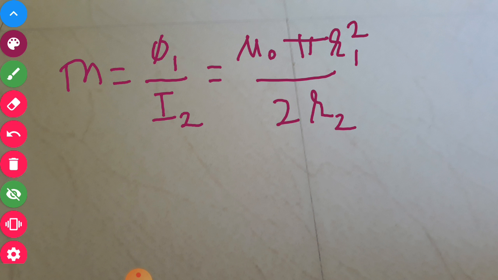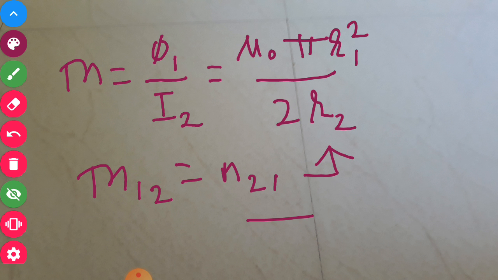This is the mutual inductance. Either you take it as M12 or M21, because both values are the same. As you know, M12 equals M21. The value will be the same, that is mu 0 pi r1 square upon 2 r2. Okay, thank you.